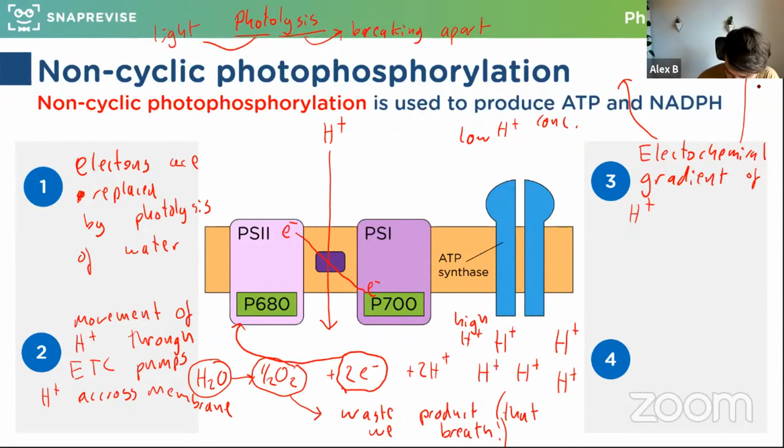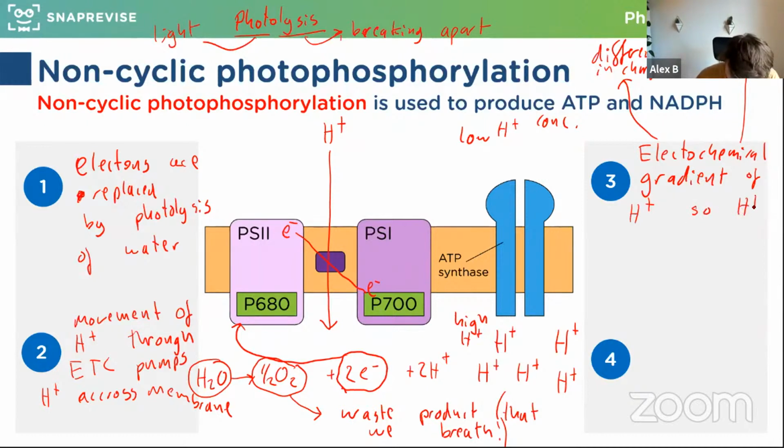So a difference in charge, and a difference in abundance. Both of those combined are establishing an electrochemical gradient. Maybe I'm going into too much detail rather than just focusing on the core bits. Okay, electrochemical gradient of H plus.